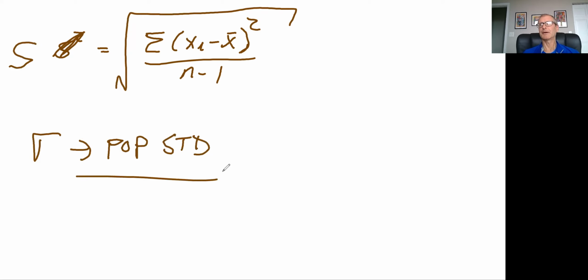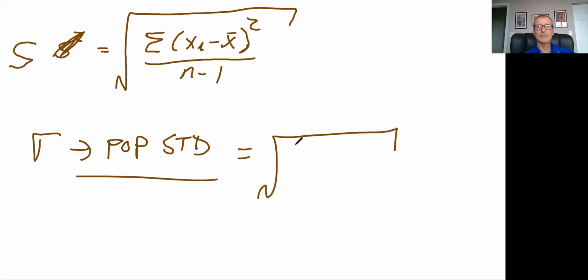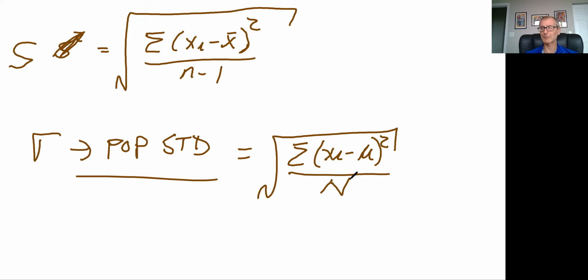The only difference is this equation would use mu: xi minus mu squared, and then you divide by the total number of data points in the population, which would be n. The sample one is by far the most important, and when n is reasonably big, these two are exactly the same number.